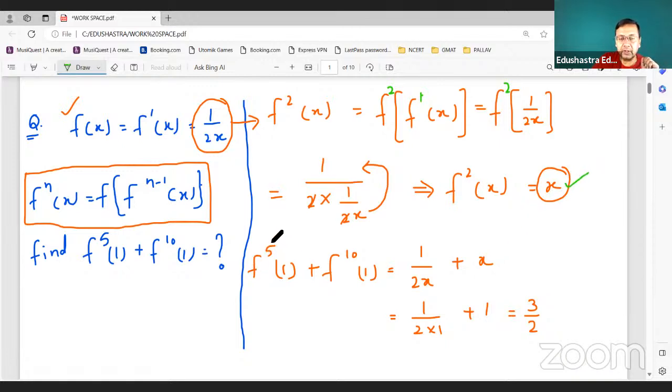So when the odd indices, this is 1 by 2x. And when the even indices, that is x. So 1 by 2x plus x, putting the value of x as 1, this is coming out to be 3 by 2.